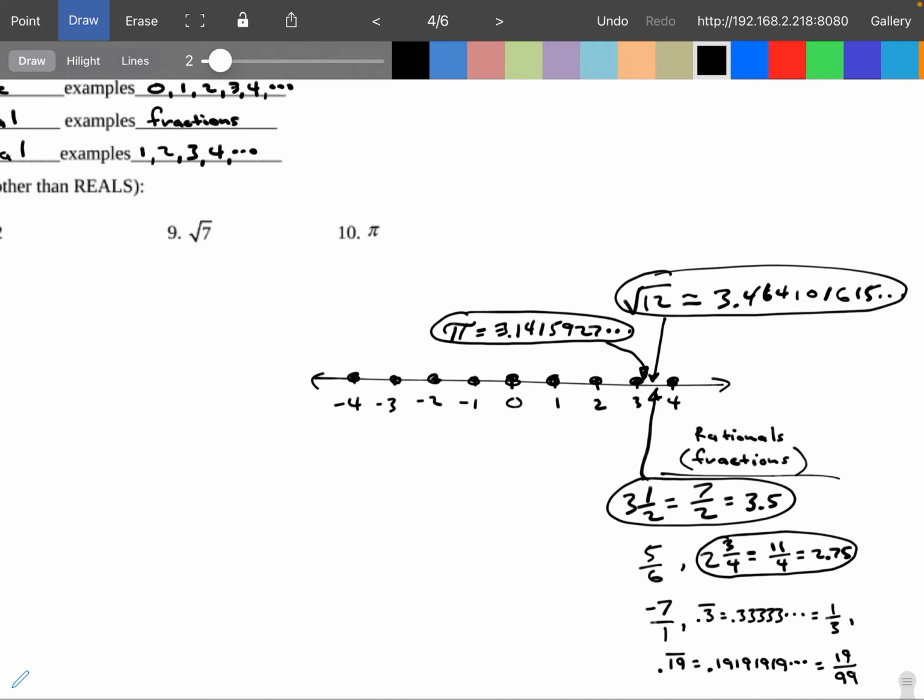Let me see if I wanted to put anything else on my number line there. I think that's pretty good. I should probably label these two that I drew right here. The square root of 12 and pi, those are the irrationals. So I'll put that on your notes. So these are irrational.